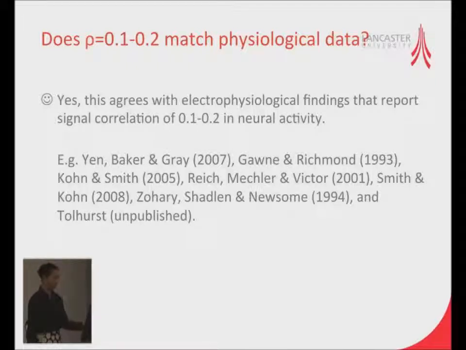We find that yes, it agrees with electrophysiological findings, with signal correlations between 0.1 and 0.2. And there's a large body of papers citing this range of correlation.